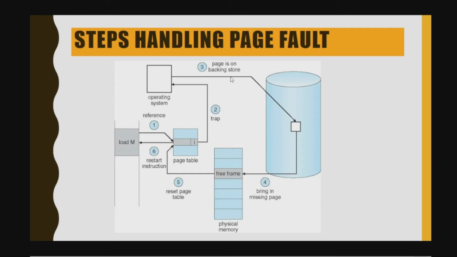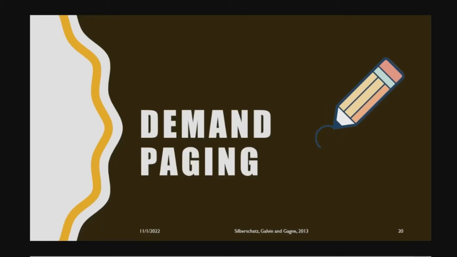Number 3, the page is on the backing store. Then number 4, bring in the missing page to the physical memory and free the frame. So here it is now available. Reset the page table, reset here, and restart the instruction again. So these are the steps in handling the page fault.